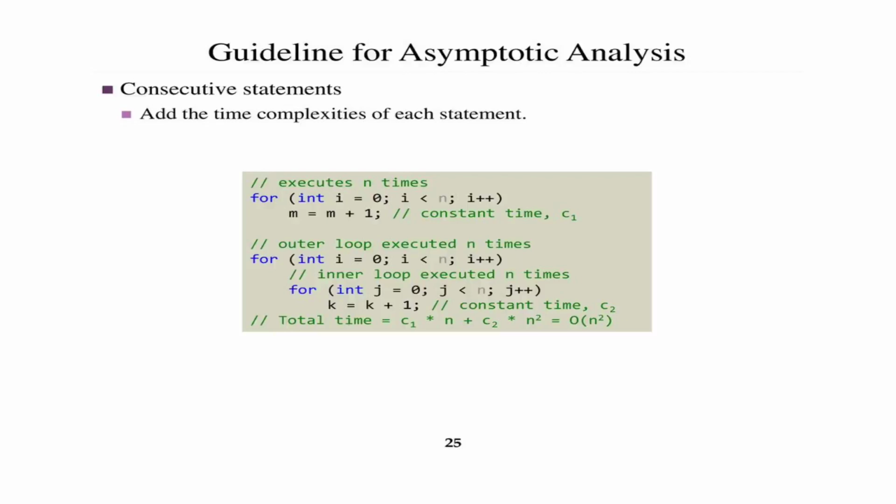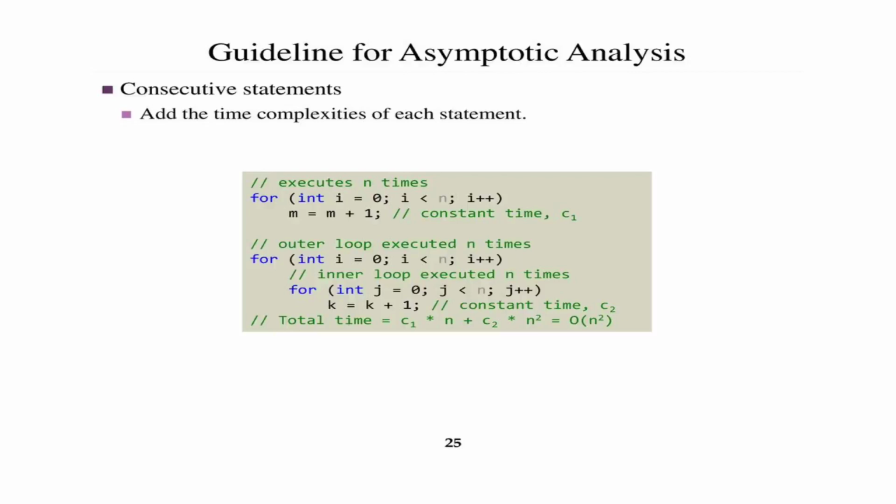And add the time complexity of each statement. The first for loop executes n times, the outer loop executes n times and the inner loop executes n times. So here we are using three for loops at a time. So c1 into n, where c1 is a constant time. The second is the outer loop, which has an inner loop also, so c2 into n into n, n square.